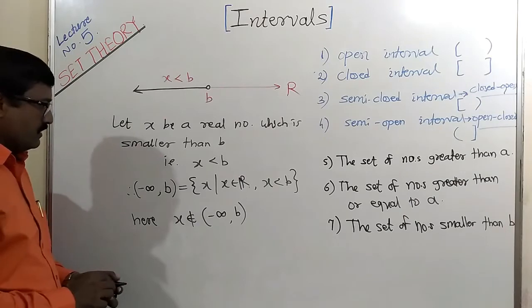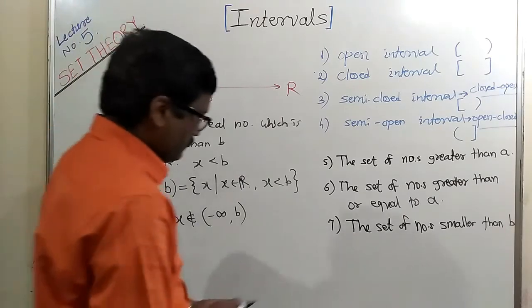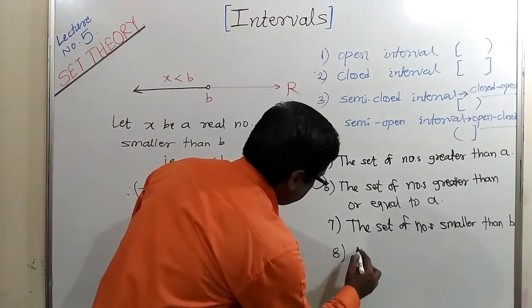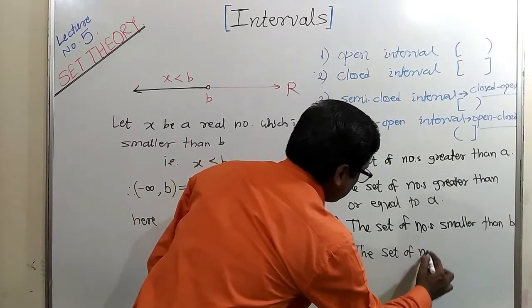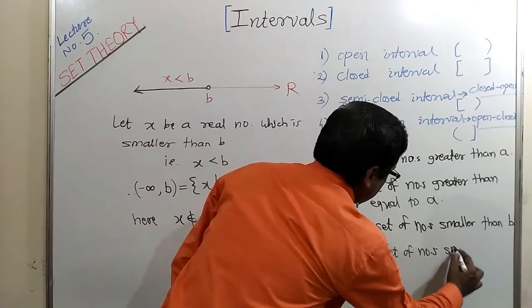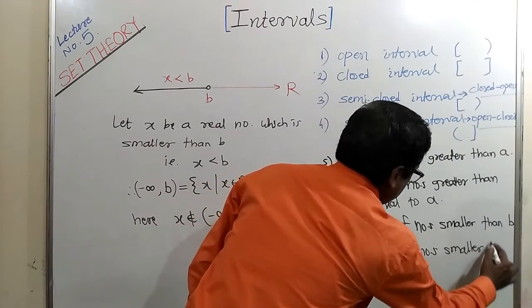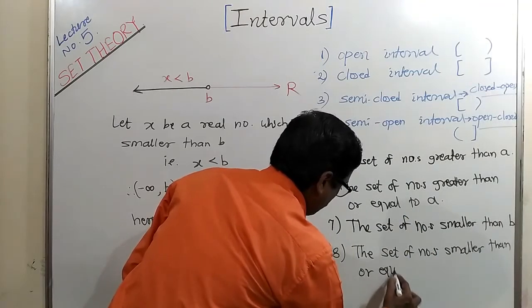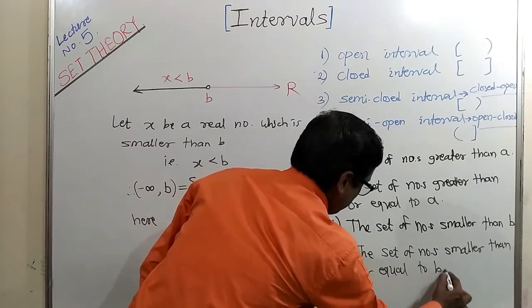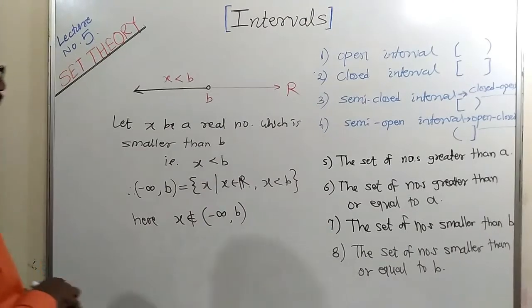Okay. Let us see the eighth one. Eighth type of set: the set of numbers smaller than or equal to B. Let us see the similar figure.